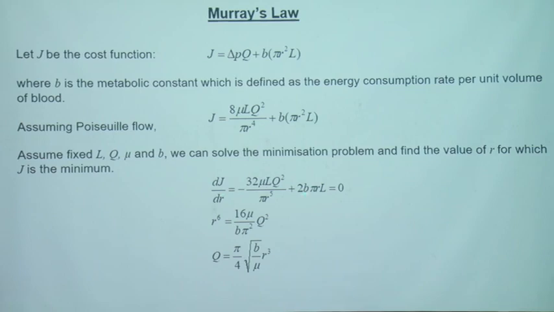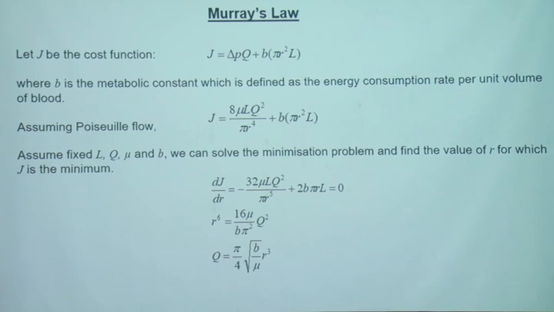If you set this equal to 0 and solve, you find the radius, and the volumetric flow rate is expressed as a cubic function of the radius. So here is the solution of the minimization problem. Now we apply this to the bifurcation problem, using mass conservation, so consider a bifurcation.